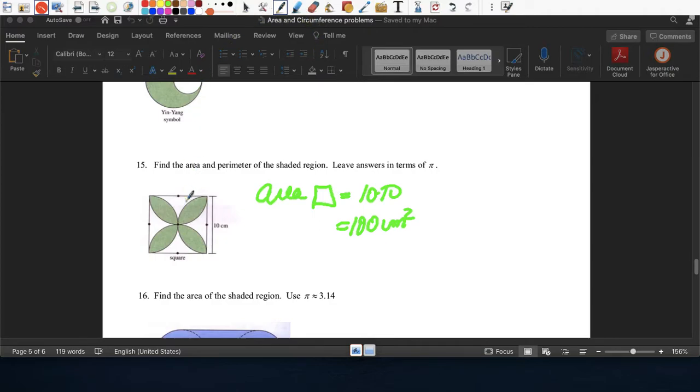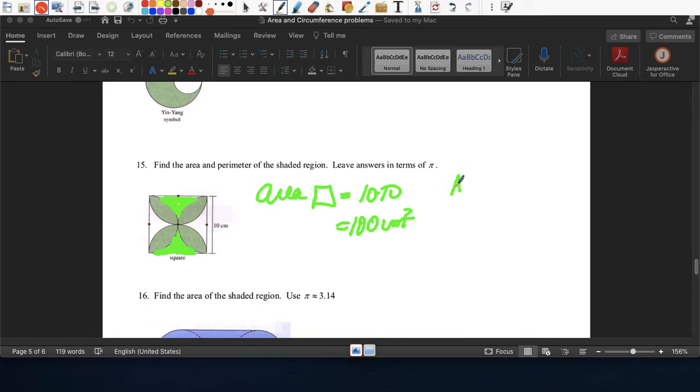Okay, so what I'm going to ask you to do right now is pretend for a second that this is shaded. Just pretend. And that this is also shaded. Okay? So let's find out the area of the circle.